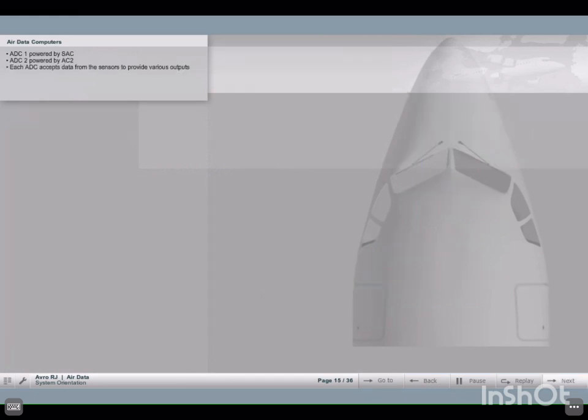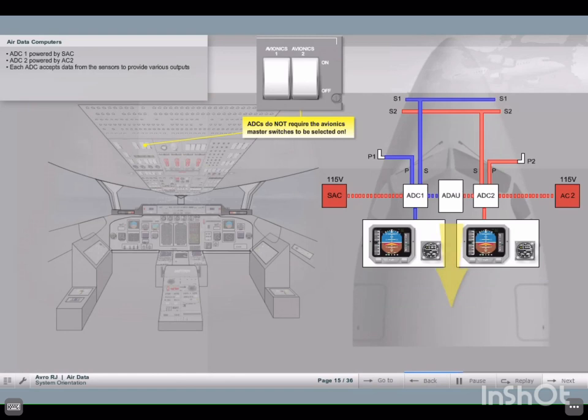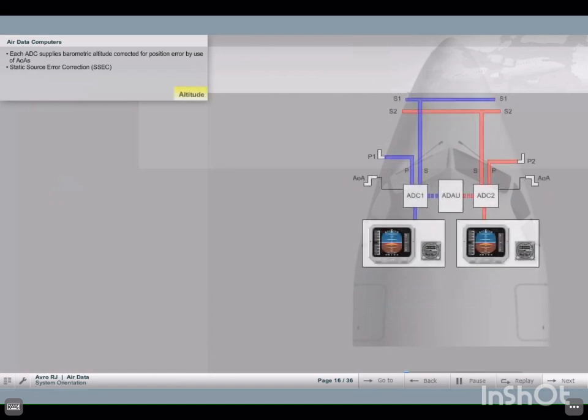ADC1 is powered by 115 volts essential AC, and ADC2 is powered by 115 volts AC2. Each ADC accepts data from the sensors and provides various outputs to aircraft systems and for display on the flight deck. Altitude.